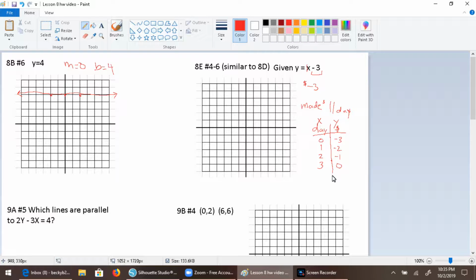He should at least be working his store for 3 days. On the fourth day, he has $4 that he's made. We're plugging in 4 for x. Minus 3 is 1. So if we plot these points, at 0, he's at negative 3.